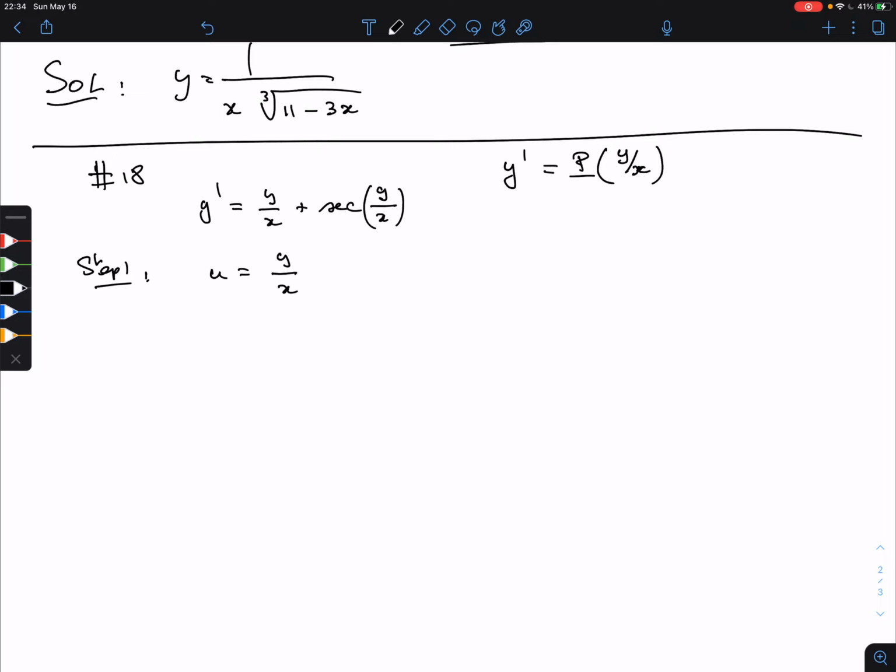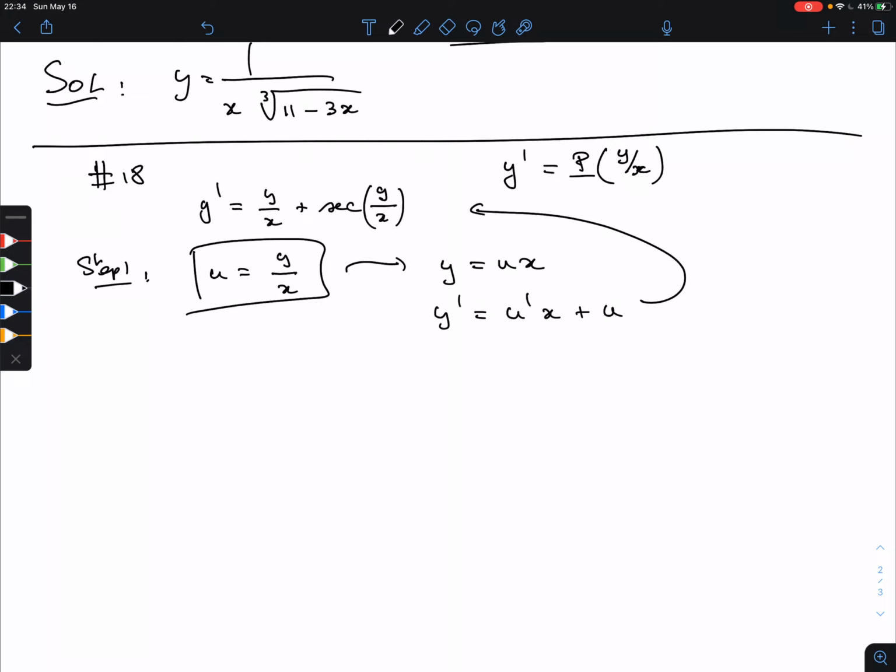That's why it's almost a substitution method. Fractions are always ugly to work with, especially if you take derivatives, so I write it this way. y prime is equal to u prime x plus u x prime, which is just 1. And now we plug this into the equation. So we have u prime x plus u is equal to, now this is u and that is secant u.